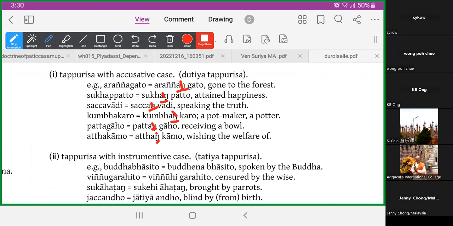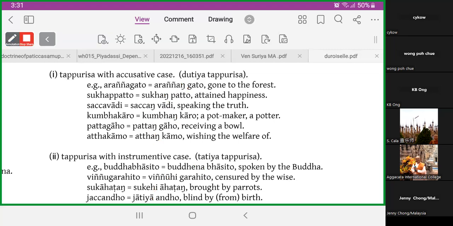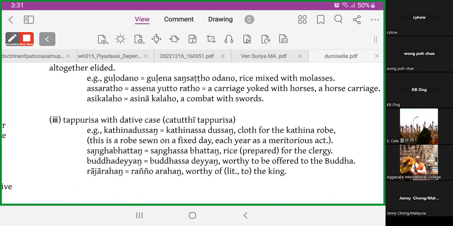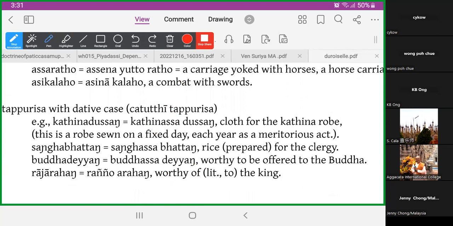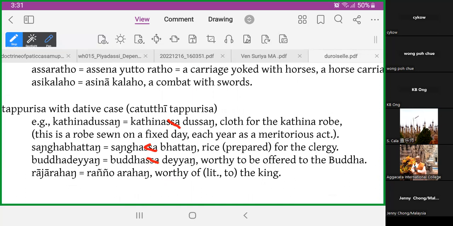When you have the instrumental case, you drop it also. So when you combine, it becomes Tatiya Tappurisa. With the dative case, it is the dative of the first member, so you drop the -ssa. You can see most of the time dative is -ssa here, not -aya. So this is called Catutthi Tappurisa.